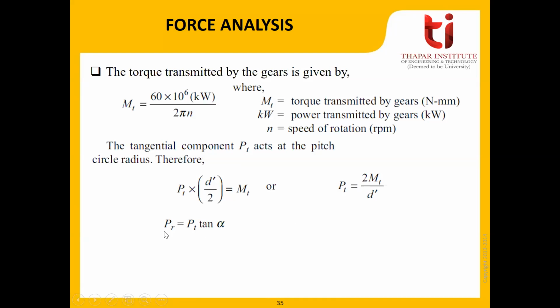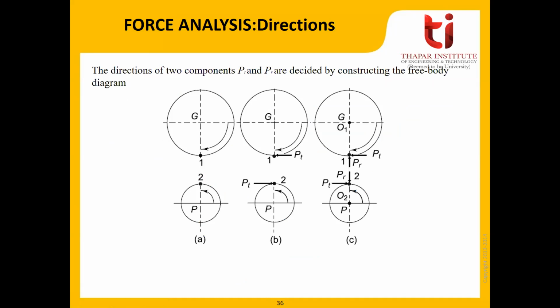PT, the tangential force, is the cos component of Pn and the radial force is the sine component of Pn. So Pn is equal to Pt over cos alpha and Pn is equal to PR divided by sine alpha. So PR can be written as PR equals Pt tan alpha.